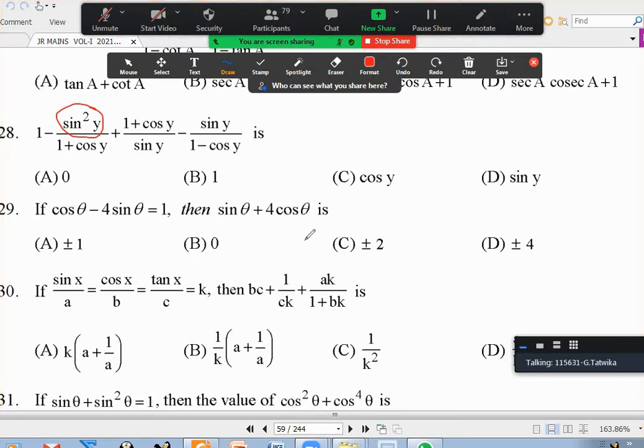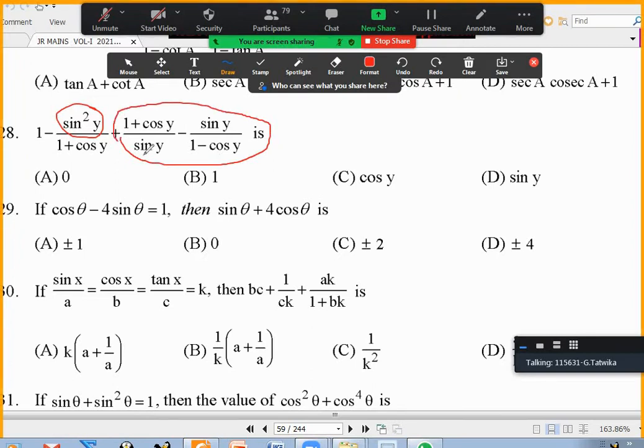Then 1 plus cos alpha and 1 plus cos alpha cancel, no, sir. Yes. When we come to last two terms, when we take LCM, sin y into 1 minus cos, no, sir. Yes, correct. Then in numerator, we'll get 1 minus cos square alpha minus sin square alpha, no, sir.